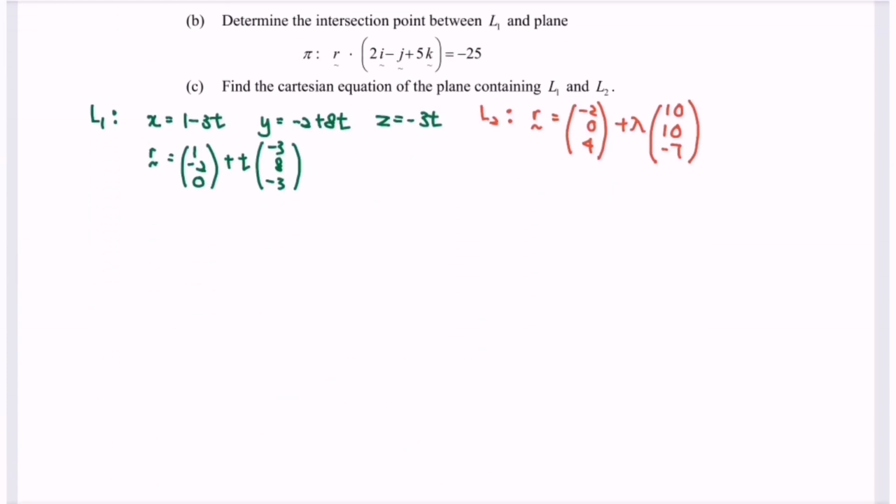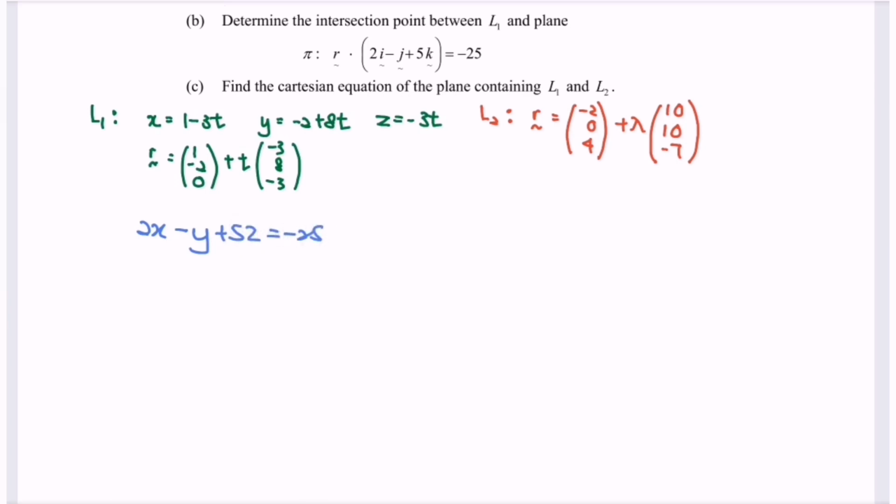Kindly refer to B. Determine the intersection point between L1 and the plane pi. So kindly refer to L1, we have the vector equation and also the parametric equation. Next, kindly substitute the parametric equation for line 1 into the equation of the plane. The plane equation is 2x minus y plus 5z equals negative 25.